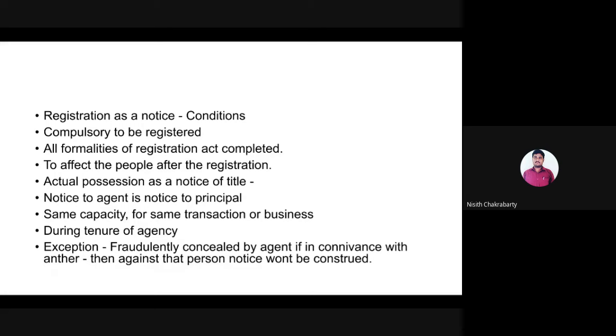The explanations or provisos actually mention three more things which will be called constructive notice. Two we already know: willful abstention, and gross negligence. The third part is when registration will be a notice.